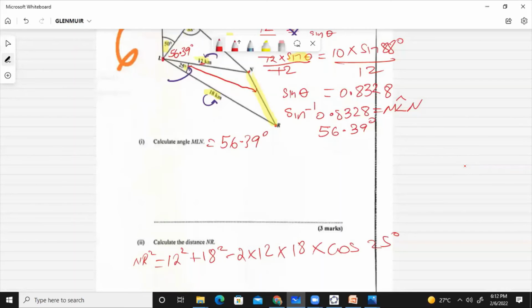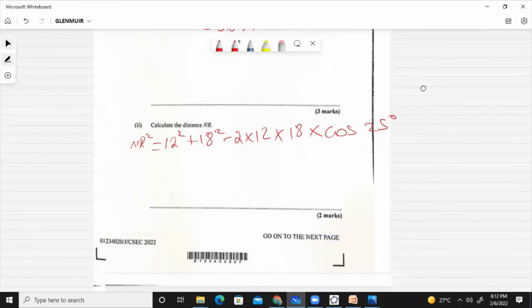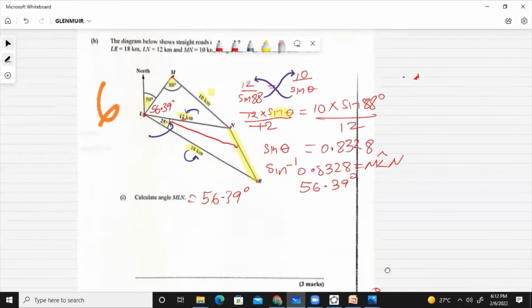So I'm just writing that out. I'm going to push the screen up. So NR square is equal to 12 square plus 18 square minus 2 times 12 times 18 times the cosine of 25. Now, just double check: here is the 25, this is what we want, 18 is right here and the 12.